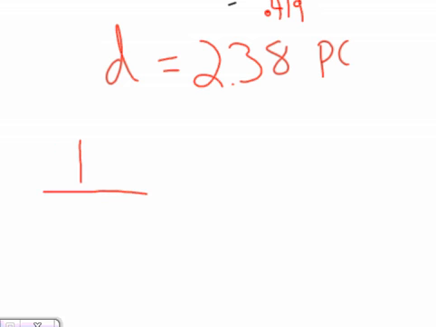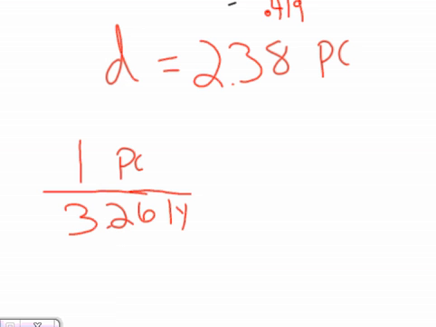That's how I like to do these. So 1 parsec is equal to 3.26 light years. That's the relationship we're going to need to use for this calculation.